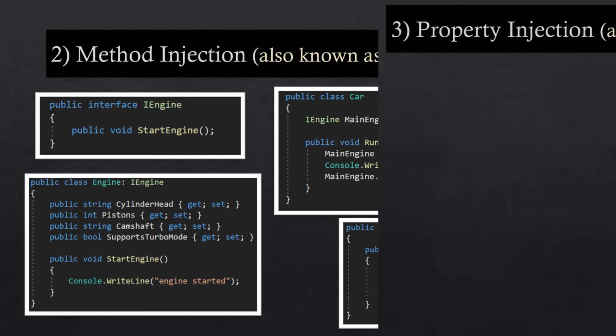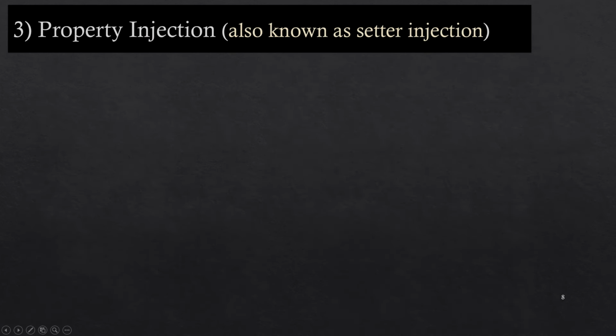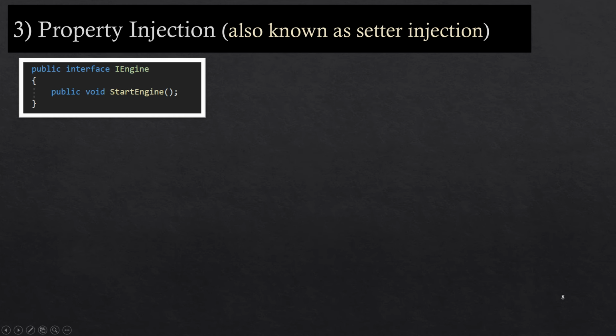Now for the last part, we are talking about property injection, which is also called setter injection. As we had before, we have an iEngine interface.